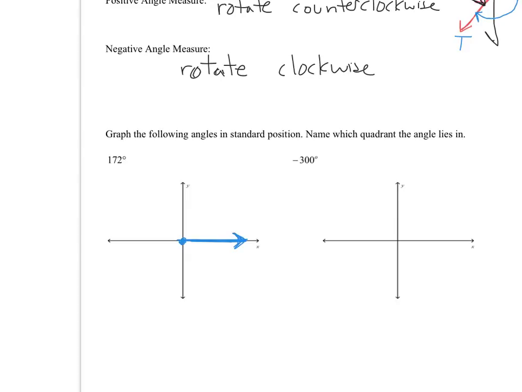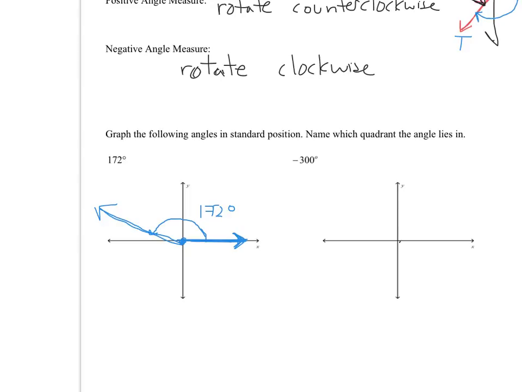And it's positive, so it's going to rotate in an upwards direction. 172 degrees would rotate not quite here, because two quadrants would be 180. So somewhere about here, this would be 172 degrees. In theory, these angles could actually be bigger than 360, because you could make a couple turns and eventually get past 360.